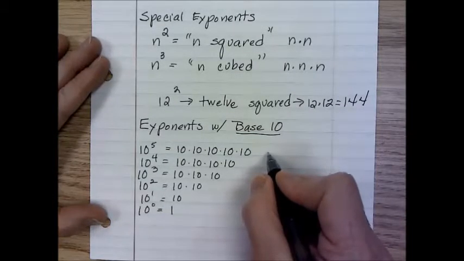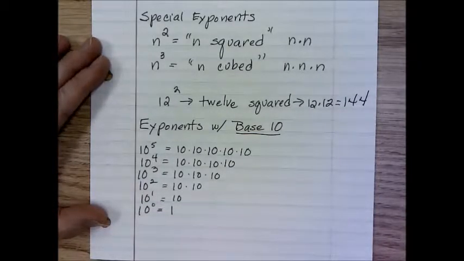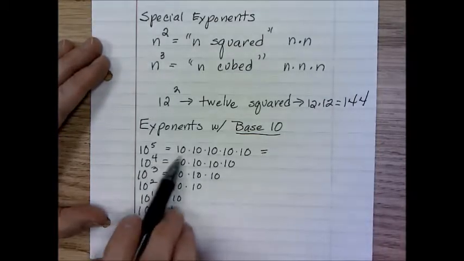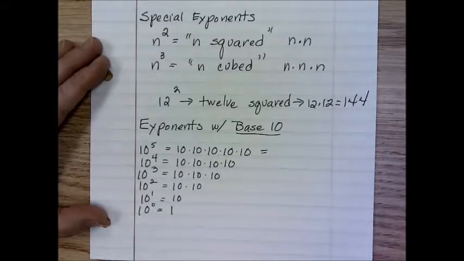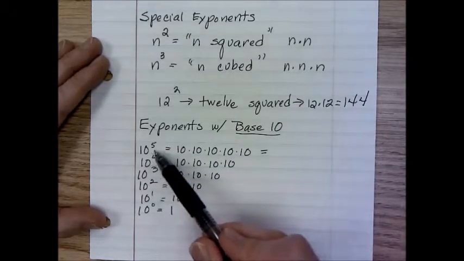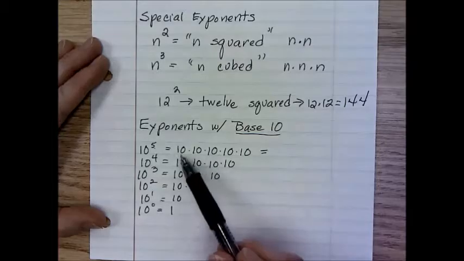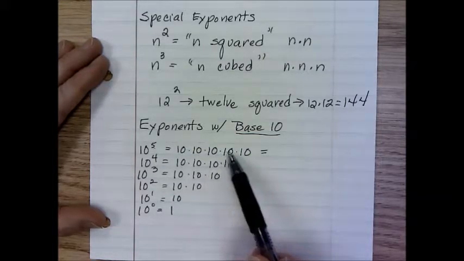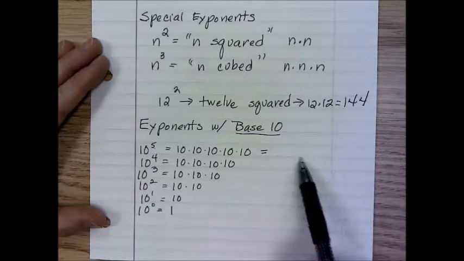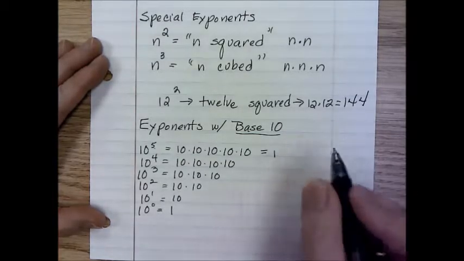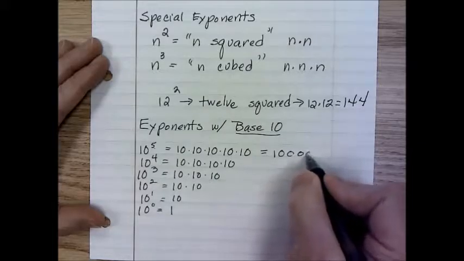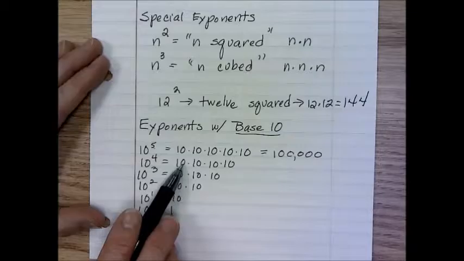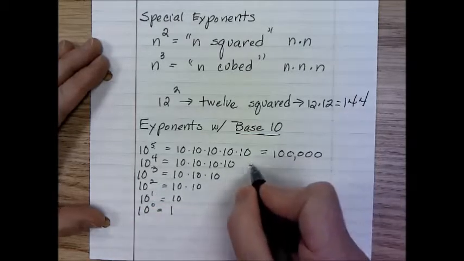Now what's kind of nice about having this base 10 is if we need to write this and simplify, solve what this really is, we don't need to get out our calculator. If I look at this, the exponent matches how many zeros? Exponent of 5, and notice I have 1, 2, 3, 4, 5. And so when we simplify this, this is just going to have 1, 2, 3, 4, 5 zeros. 10 to the 4th, the 4, look at that, 1, 2, 3, 4.